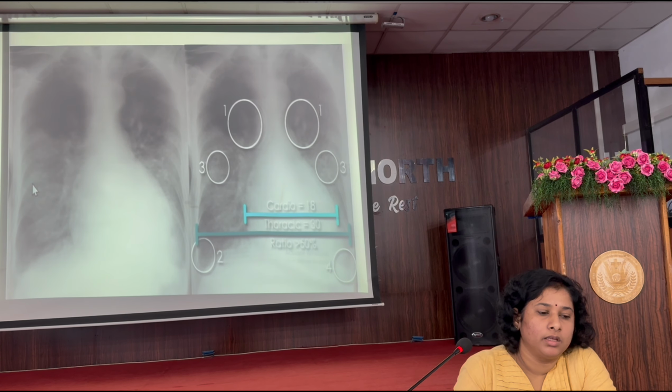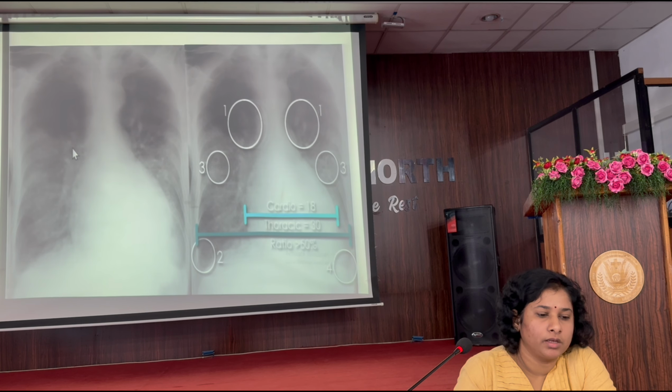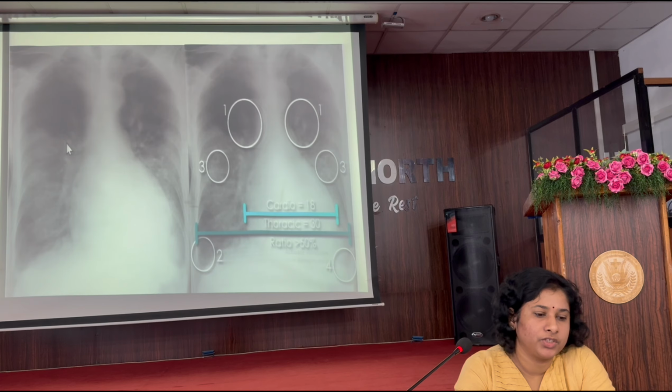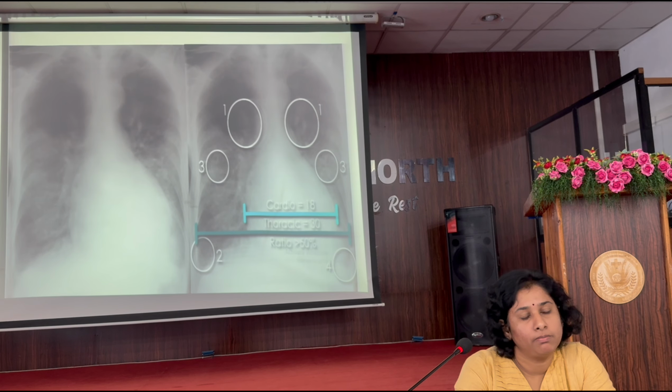In addition, there is a bilateral perihilar haziness that is due to the pulmonary edema, and the pulmonary veins you can see are dilated, upper lobe diversion is there. So this is purely due to the mitral regurgitation or left atrial pathology leading to pulmonary edema.